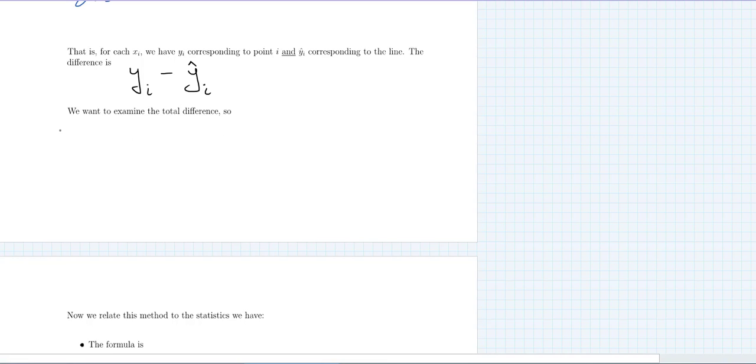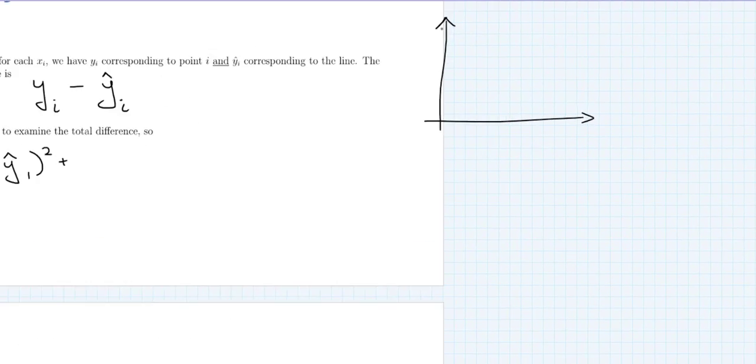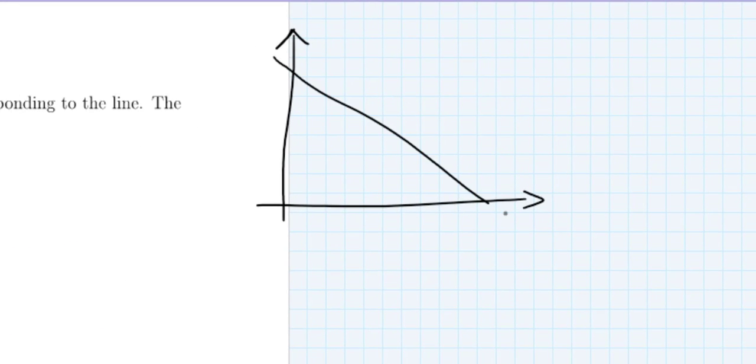So what is that? That means y1 minus y1 hat, squared. These are the vertical differences. So I'm just going to draw a graph here on the side just so that you can see what I'm talking about. Here's our least squares line. Here are some points that are sitting around this line. And here are our vertical distances.